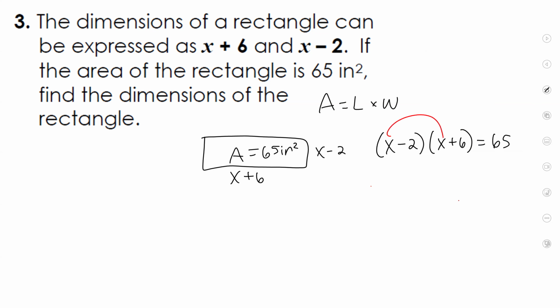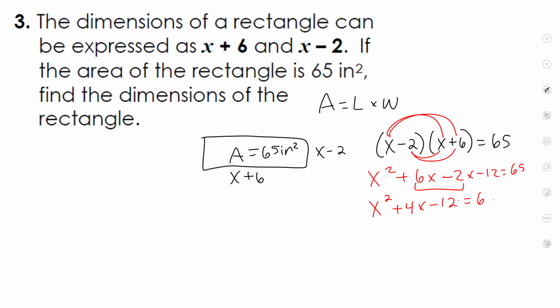So you distribute. 6x minus 2x is 4x. Now we're going to move the 65 to this side, so it'll be x squared plus 4x minus 12 minus a 65.